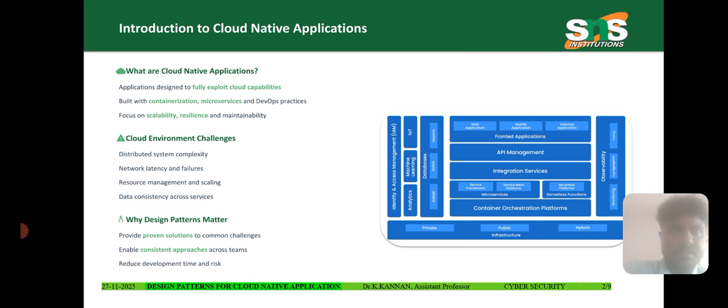We have developed front-end applications, including web applications, mobile applications and desktop applications. There are three types of applications we have developed.